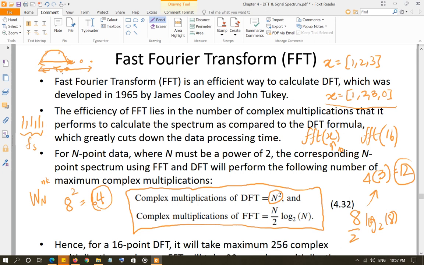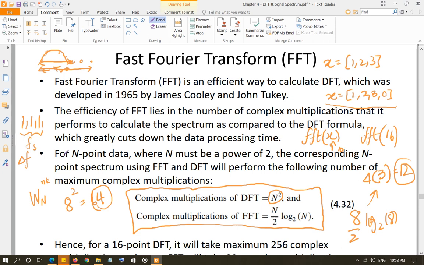But t0 did change if you pad zeros. That means frequency resolution is going to change. Again, you're not inserting more frequencies, but you are interpolating between two frequencies. So you are basically fine-tuning the frequencies, if you understand it like that.